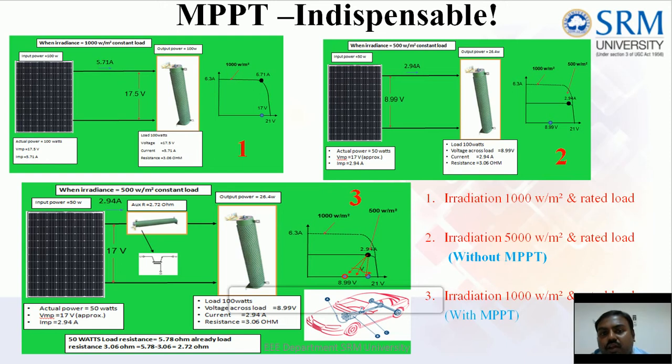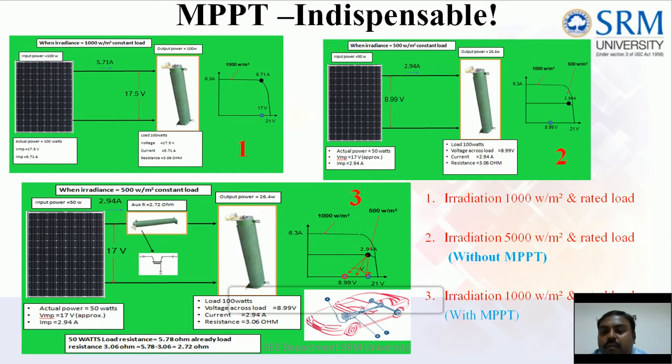Imagine now my irradiation is halved. That means I'm getting 1000 watt per meter squared divided by 2. That means 500 watt per meter squared is available in the irradiation. That means my current and voltage, there is chance for drooping. But here I choose the same resistance to prevail in the circuit.